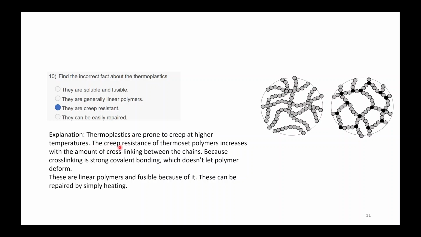The creep resistance of thermoset polymers increases with the amount of cross linking between the chains, because cross linking is strong covalent bonding which doesn't let the polymer deform. Now these are linear polymers and fusible because of it, and these can be repaired by simply heating. So these all statements are correct except they are creep resistant, because plastics creep very easily.